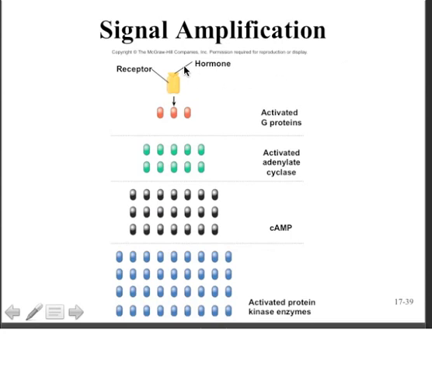We have an activated first event leading to more than one downstream participant in the cascade being activated, which can activate more than one downstream participant at the next point in the cascade. And you can see how the number of participants in the cascade event doubles, triples, amplifies at every step until we have a giant pool of activated downstream targets that produce the effect desired in the tissue.